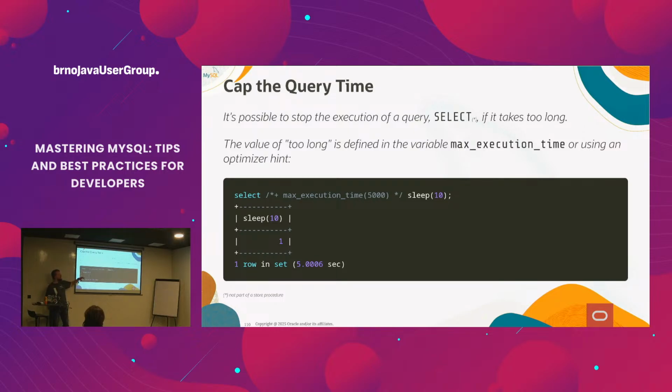So if your query runs longer than that time, it will stop. So you can add limits to your queries. And more for the DBAs, you can change that directly in the Query Rewrite plugin, for example. If you know that people are running bad queries, and depending on what time they run them, it's way too long, you can add this max execution time without telling the developers.